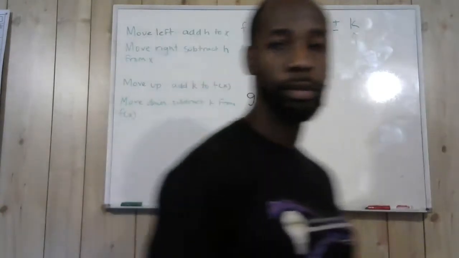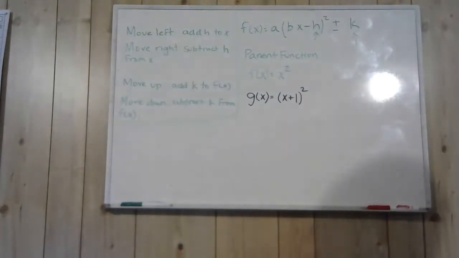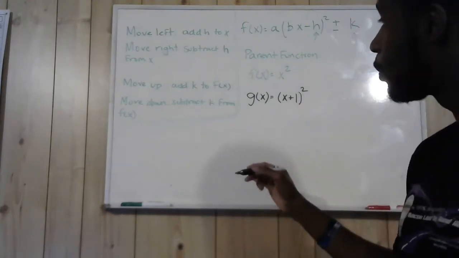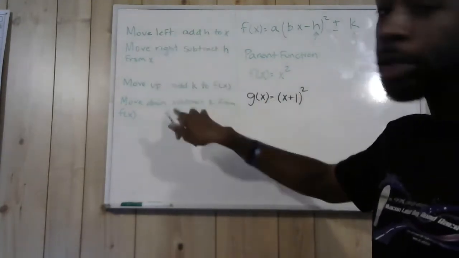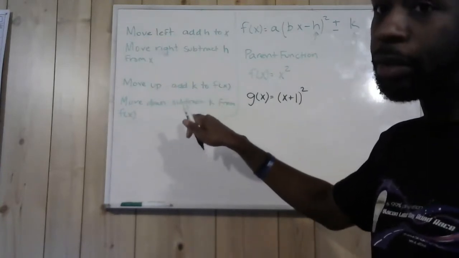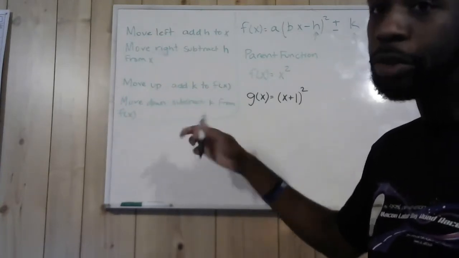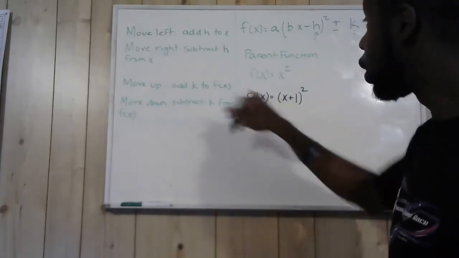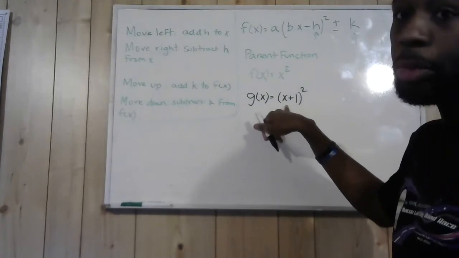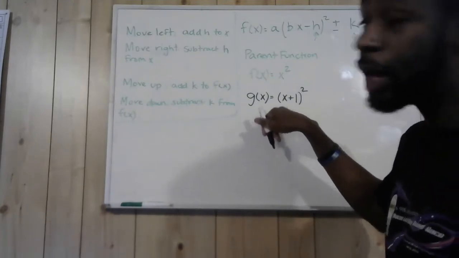Now, according to our notes here, which I definitely encourage you to copy down in your notes because you want to be able to refer back to it, if we add anything to the x, then it's going to move the function to the left. So let's actually graph it.